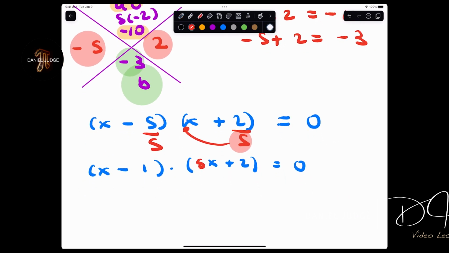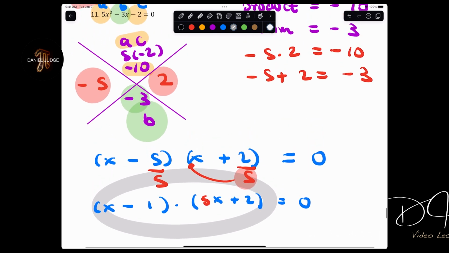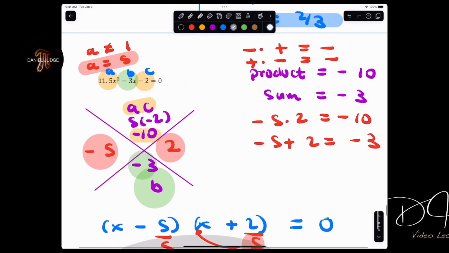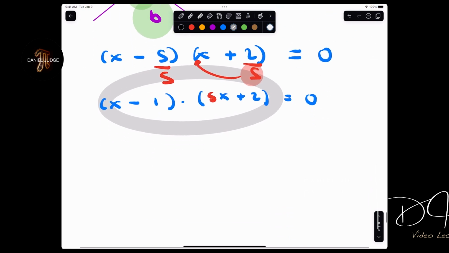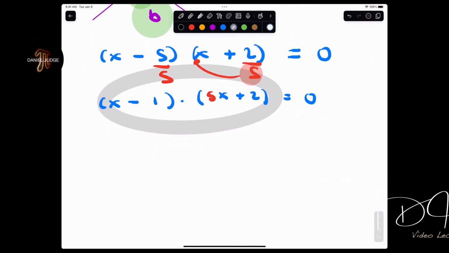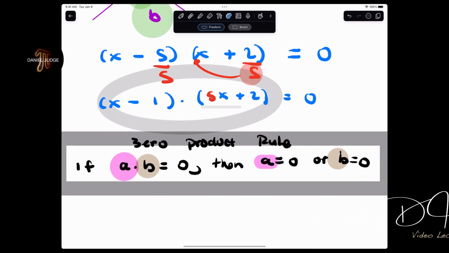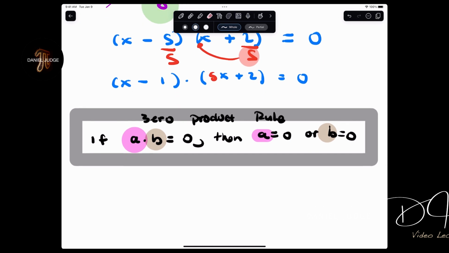So the left-hand side again is factored by the crisscross method. Okay, that trinomial is factored. However, we have a quadratic equation to solve. So we're going to use the zero product rule now.